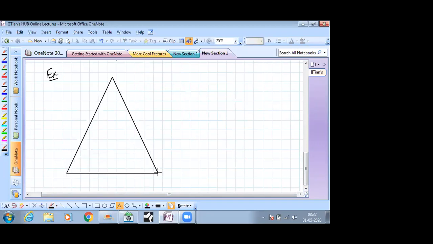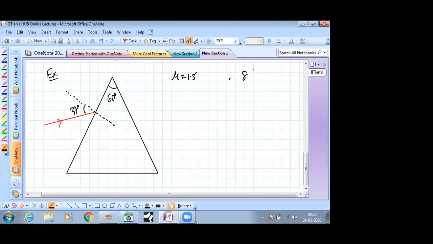Suppose this is 60 degrees, and the light that we have incident over here is making an incidence at an angle of 37 degrees, and refractive index is 1.5.